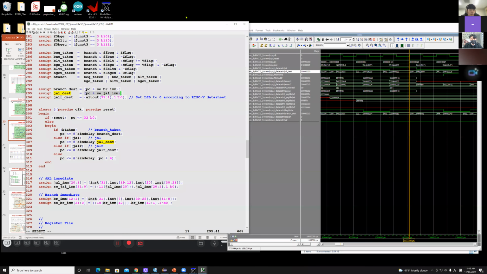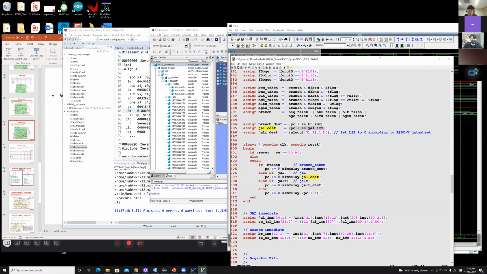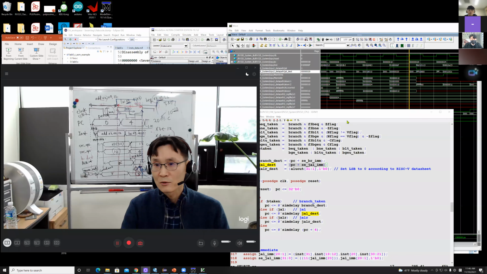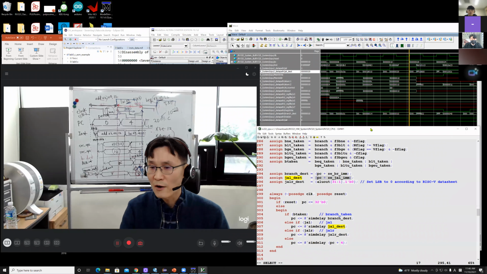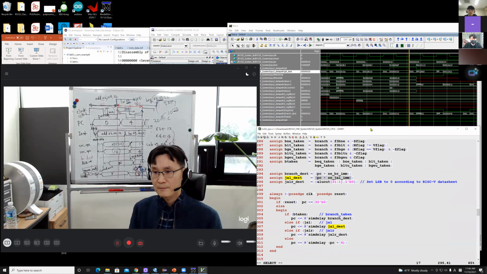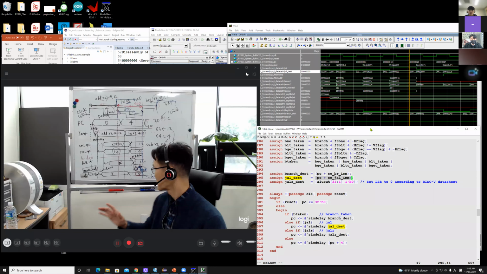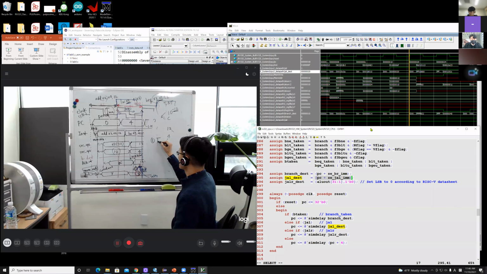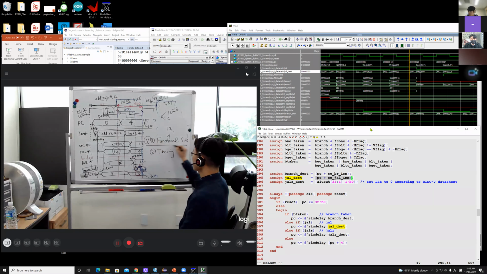But in the real world, you have to differentiate two things: functional simulation and timing simulation. We are doing functional simulation.